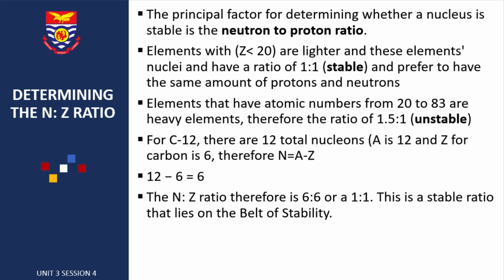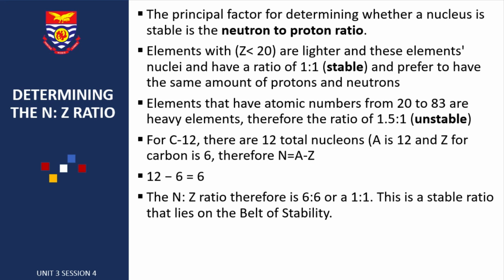So elements with proton number of less than 20 are referred to as lighter elements, and their neutron to proton ratio is always 1:1, and that means that they are stable nuclides. They mostly prefer to have the same number of neutrons as protons.